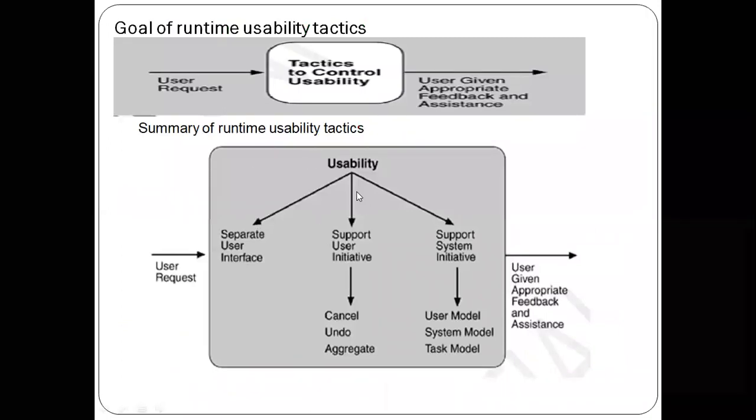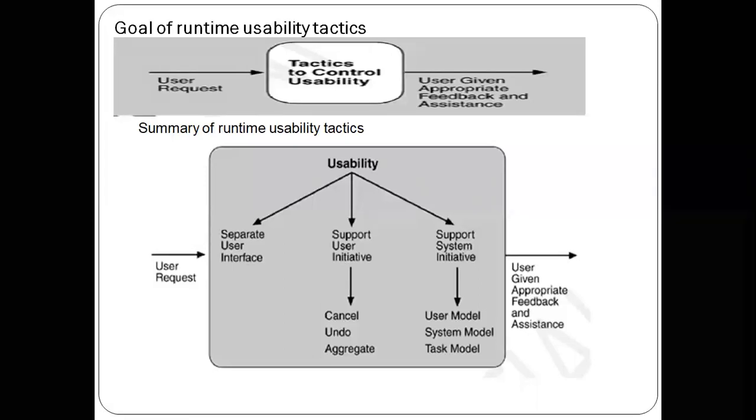For this, we have design for user request. This is the input stimulus from the user side. The user generates a stimulus or input, which is called a user request. So there is a need for separation of user interfaces: step 1, step 2, step 3, like that. And support user initiatives: what the user is looking for, support that work.